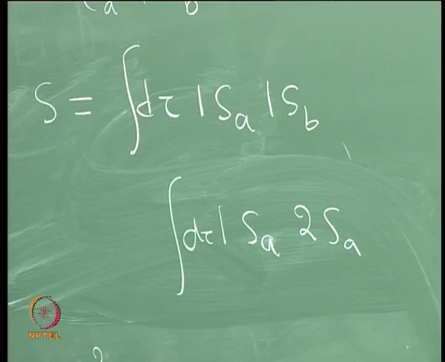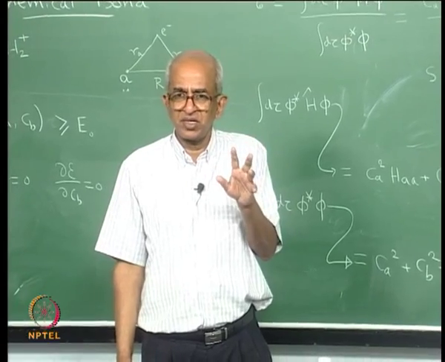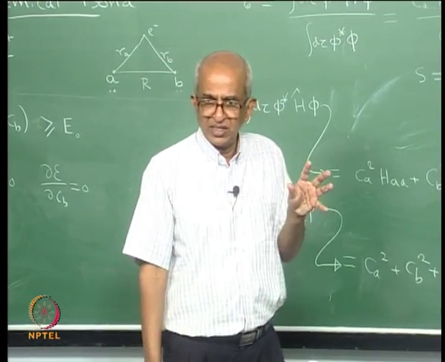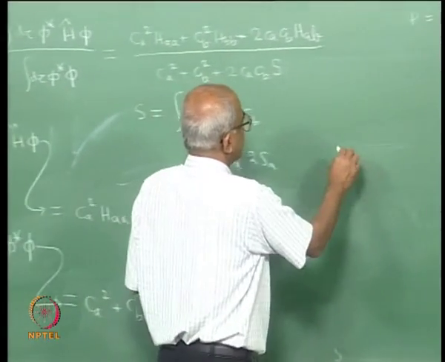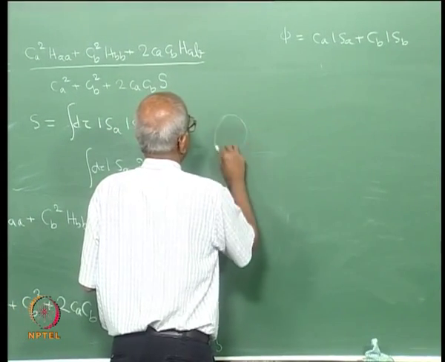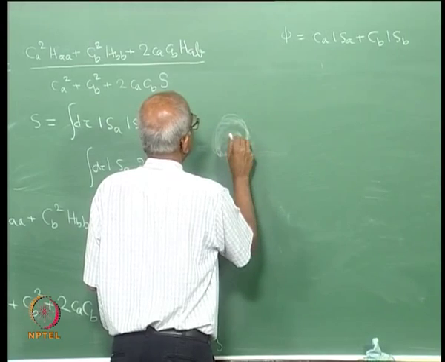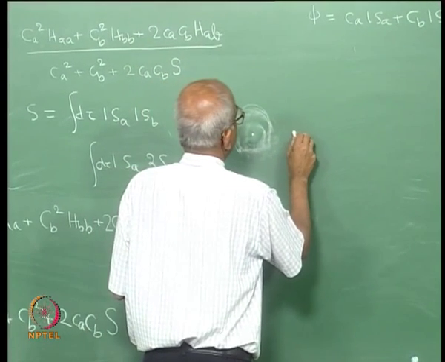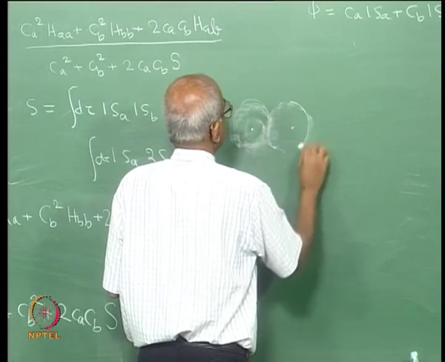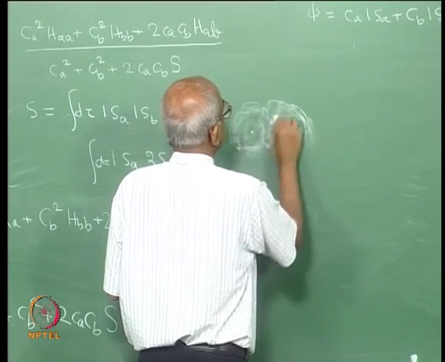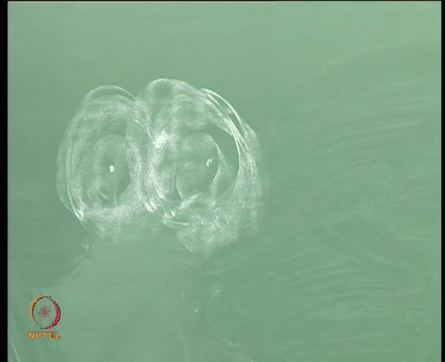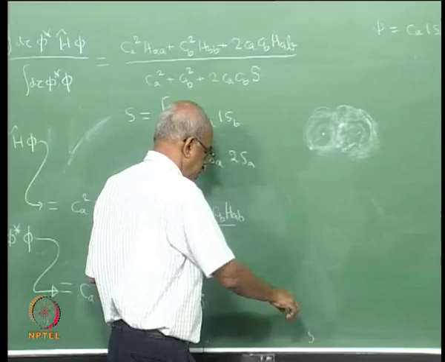But 1sa and 1sb are not on the same atom, they are on different atoms. And further, what is the shape of 1sa? 1sa is having this kind of shape, and how is 1sb? Well, this is 1sb, right. So, therefore, in this integral what you are actually doing is, maybe I will use different colors.